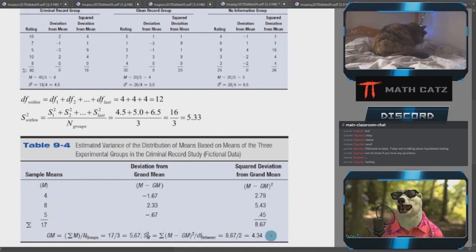And I get a variance estimate by looking at this at a zoomed out level. Each group has a single score, the sample mean for that group, and I calculate the variance based on that, and I get 4.34.